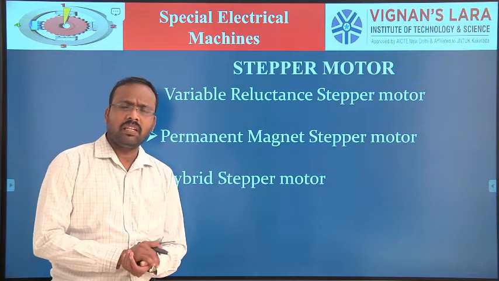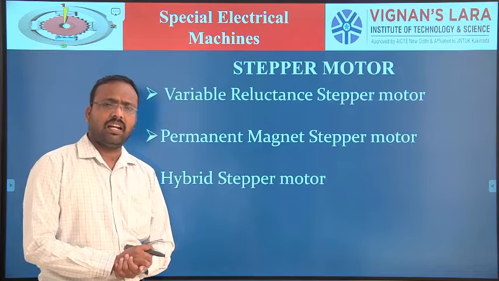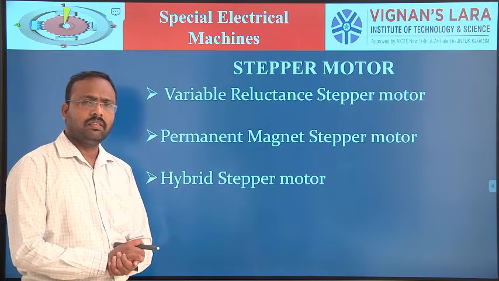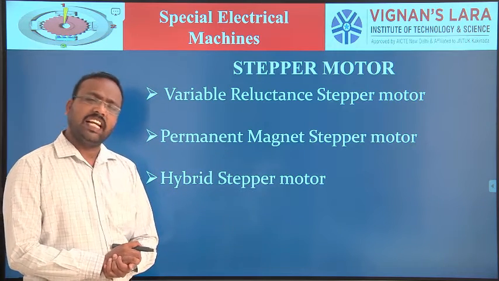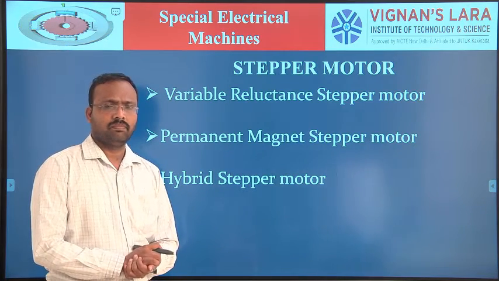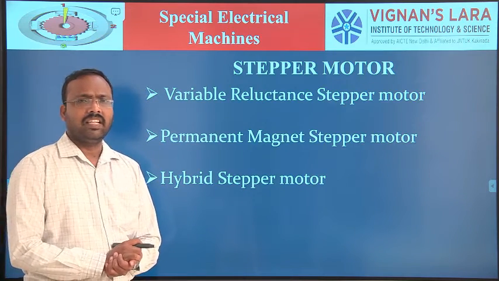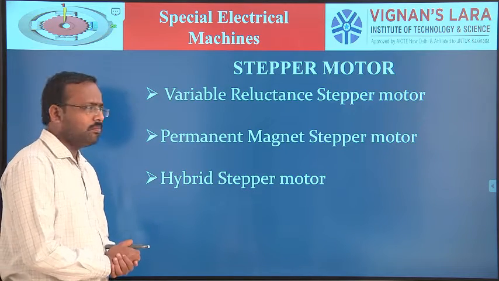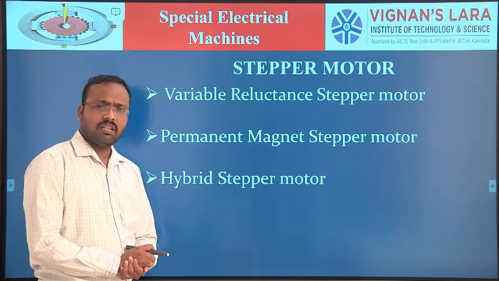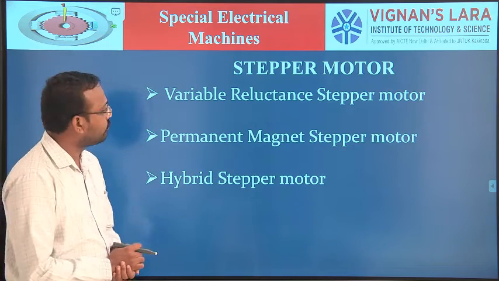What is a stepper motor? A stepper motor converts electrical pulses into rotational movements or discrete steps. It is an electromechanical device. Basically, stepper motors are classified into three types.